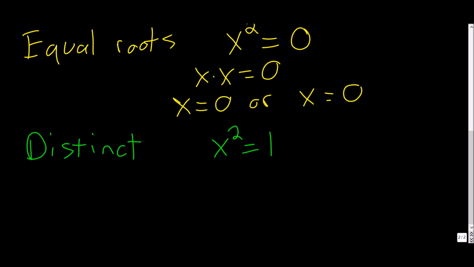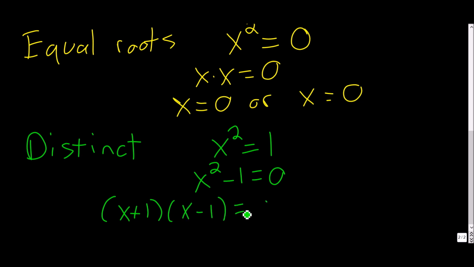With factoring, we like to move everything to the same side, and we end up with 2 factors. If we do this, we're going to have x plus 1 times x minus 1 equals 0. And so we're left with x is going to equal either negative 1 or positive 1. 2 separate values that work. These are distinct from each other. Negative 1 and 1 aren't the same.